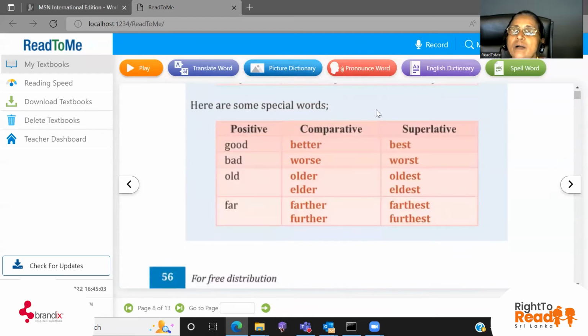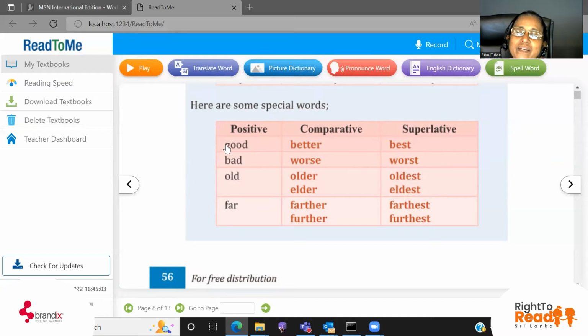And other examples are also here. What is the comparative of good? What are the comparatives and superlatives? Good, better, best. Bad, worse, worst.